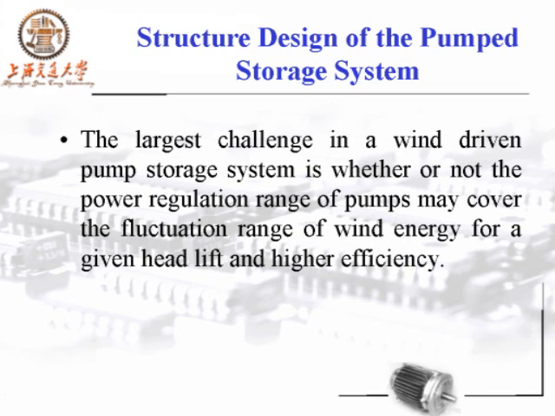For designing such a system, the largest challenge in the wind-driven pumping system is whether or not the power regulating range of pumps may cover the fluctuation range of wind energy from the given head lift and higher efficiency. So for this aim, we can draw out some points for design.